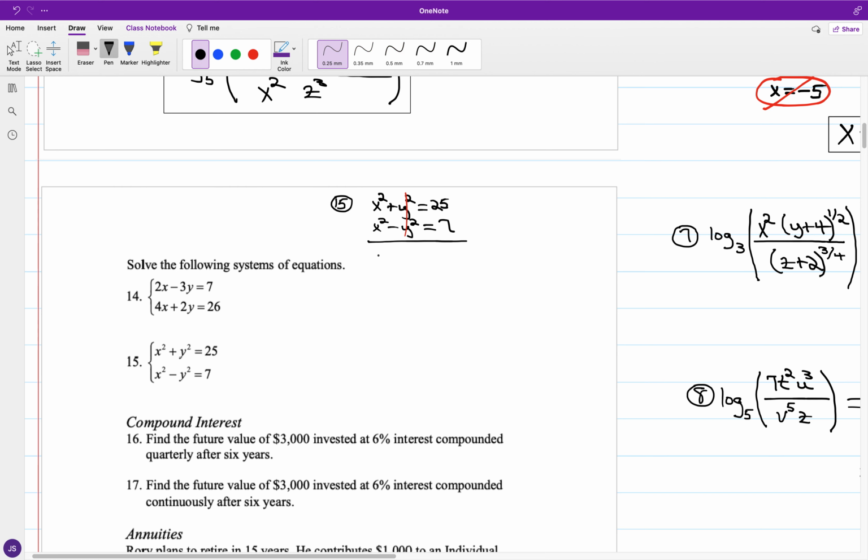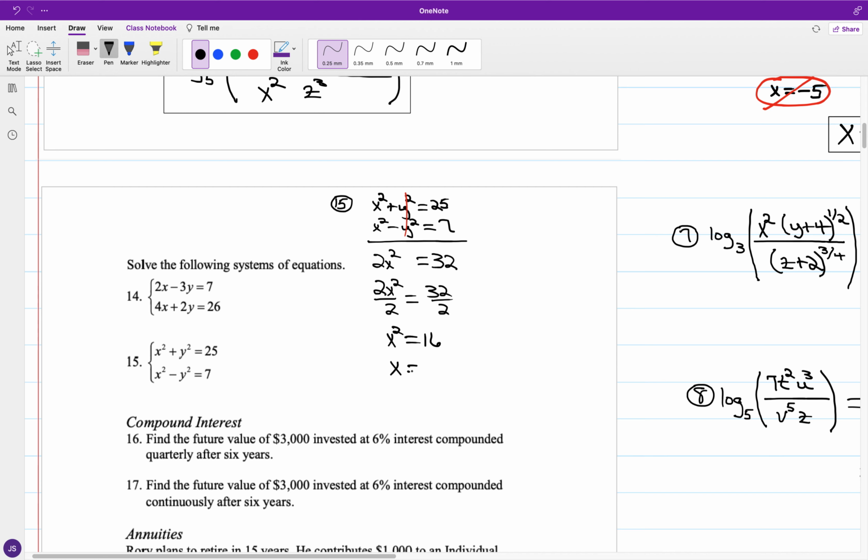And what I can do is go ahead and add the equations together. So I have x squared plus x squared becomes 2x squared, and we have 25 plus 7, so that will be 32. And we have a division by 2. So we have x squared is equal to 16.